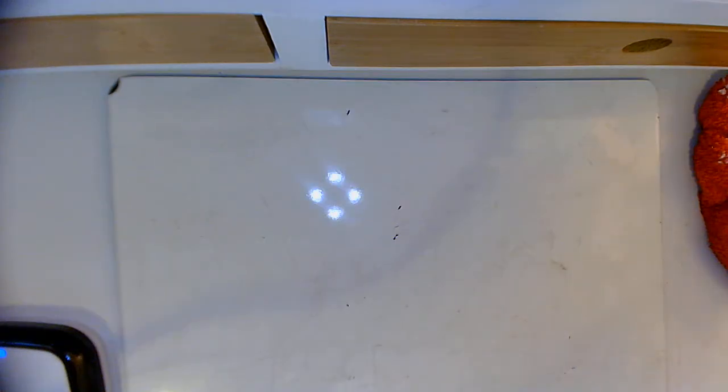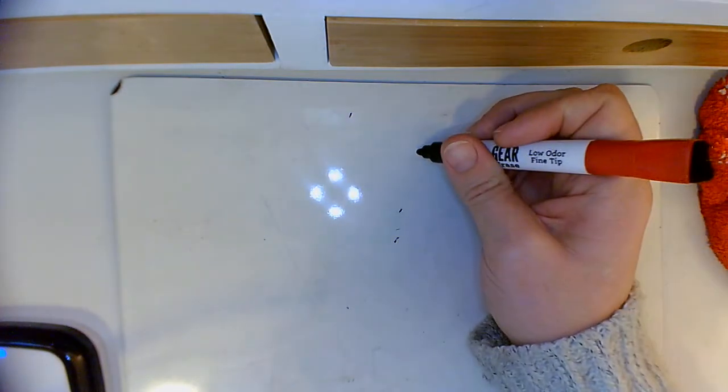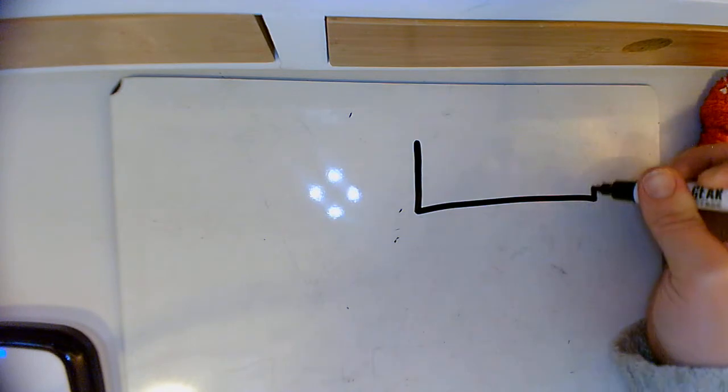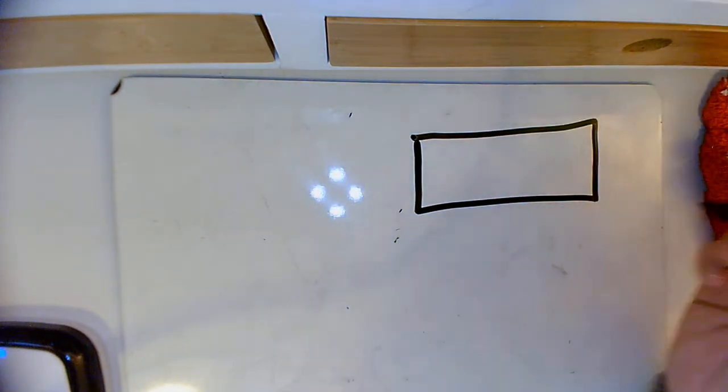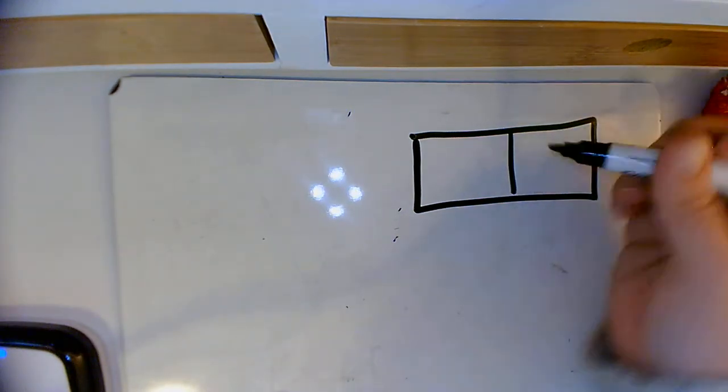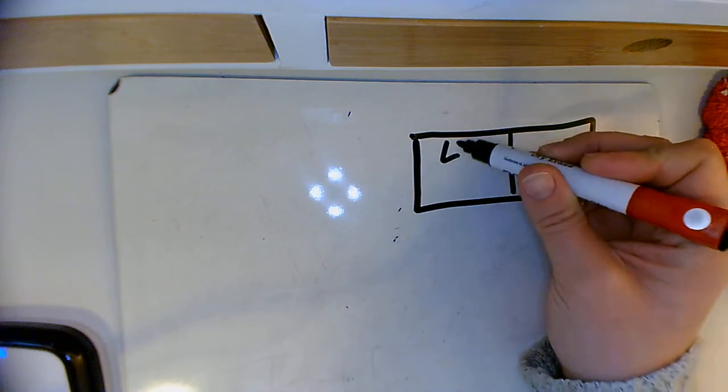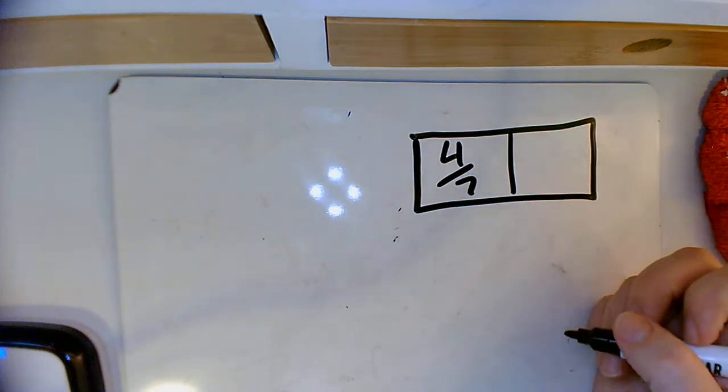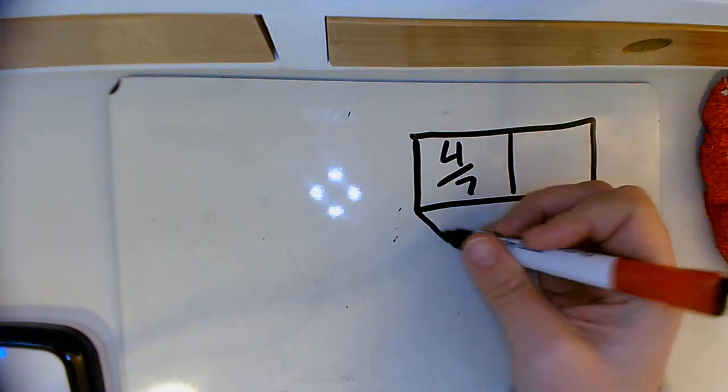Okay, so our next one says, Maria spent 4/7 of her money on a book and saved the rest. What fraction of her money did Maria save? So I'm going to use a tape diagram again to represent what we're working with. So we know that 4/7 of her money was spent on the book.